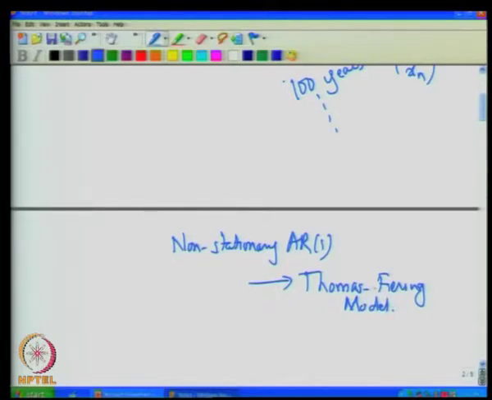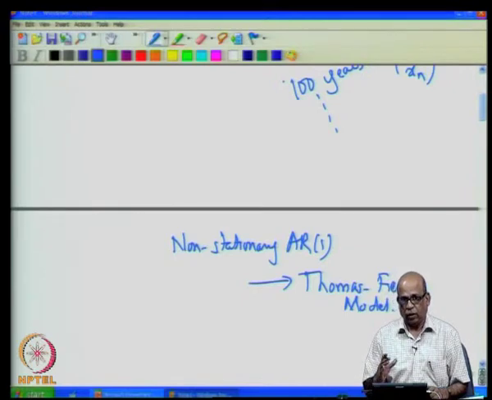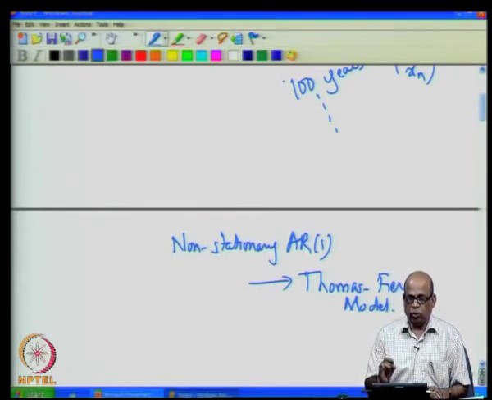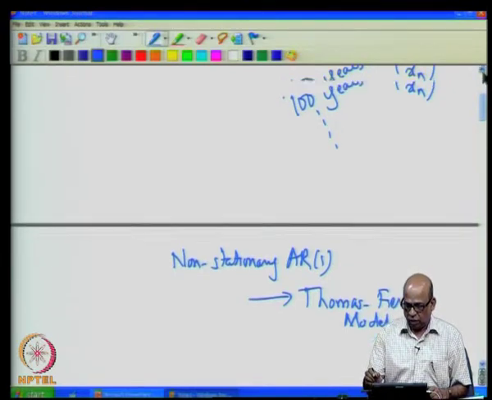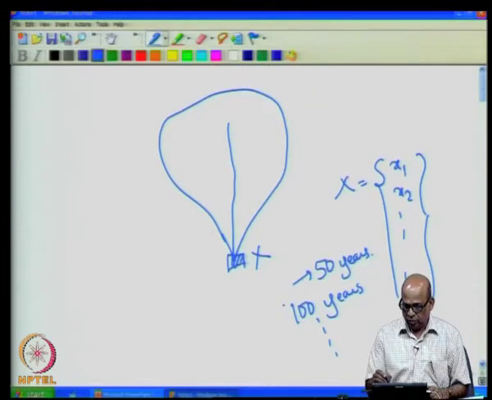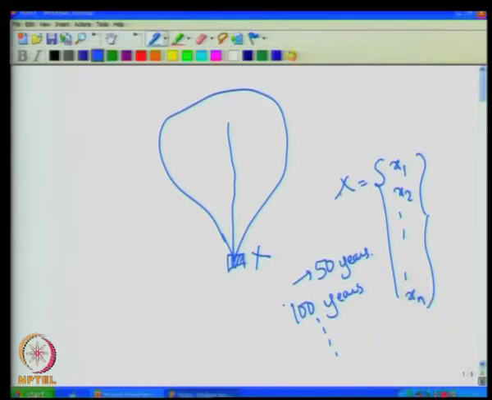So, what does the Thomas Fiering model do? It considers the autocorrelations and specifically the lag 1 autocorrelation of the variables. That is, when you have a random variable x, you define rho 1 as the lag 1 autocorrelation. This is the time series now.